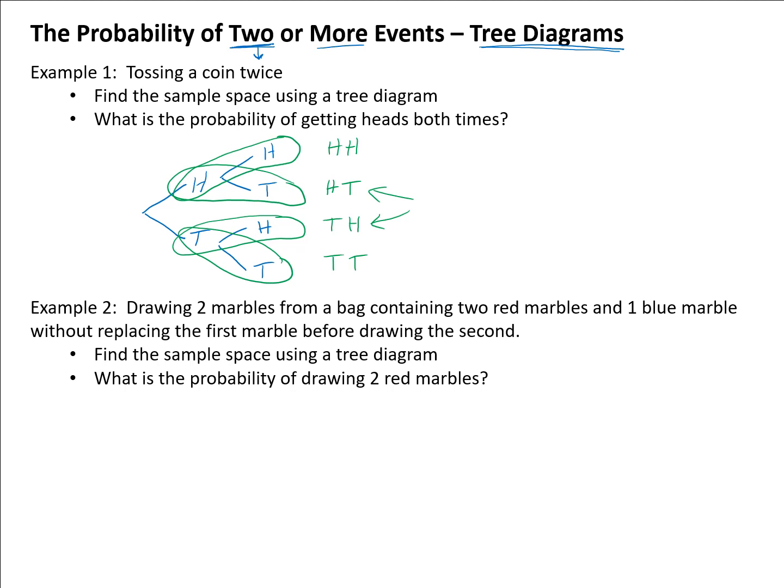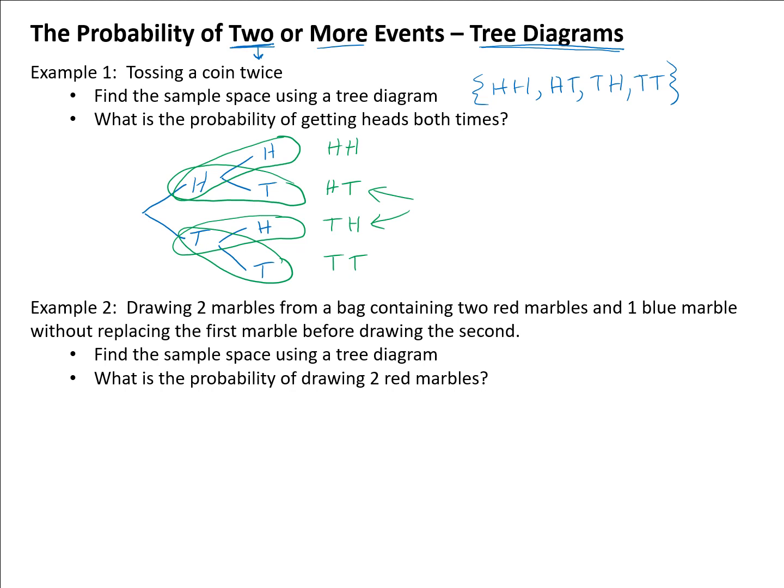So our sample space for tossing a coin twice would include getting a head twice, getting a head and then a tail, getting a tail and then a head, and then getting 2 tails. Those would be our 4 options, our 4 outcomes in our sample space.